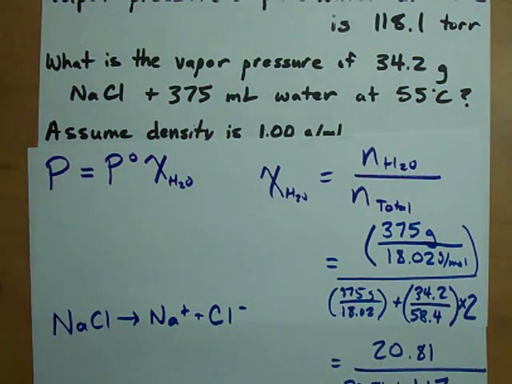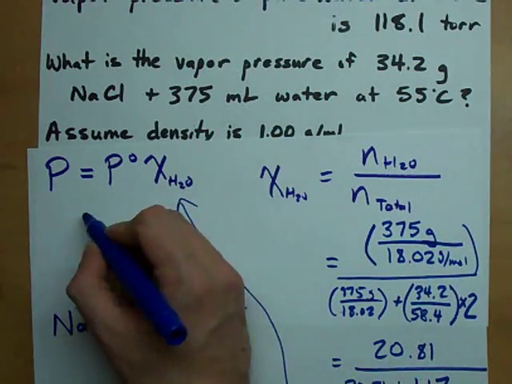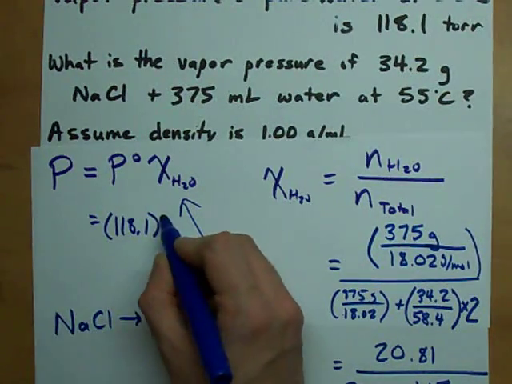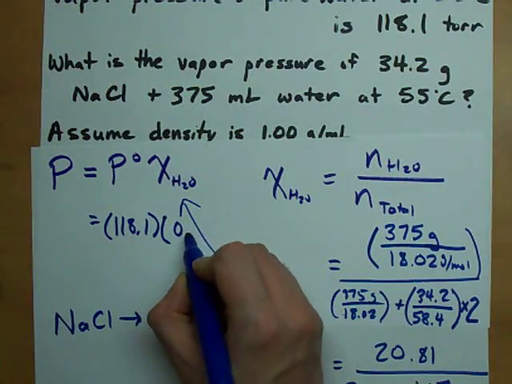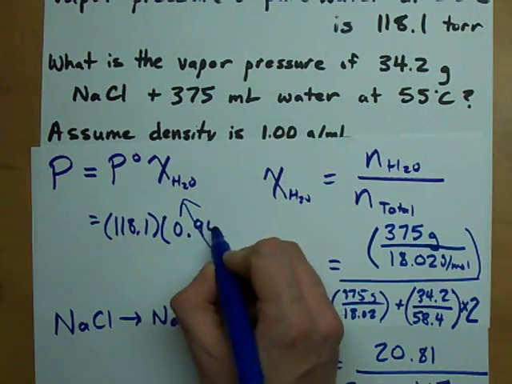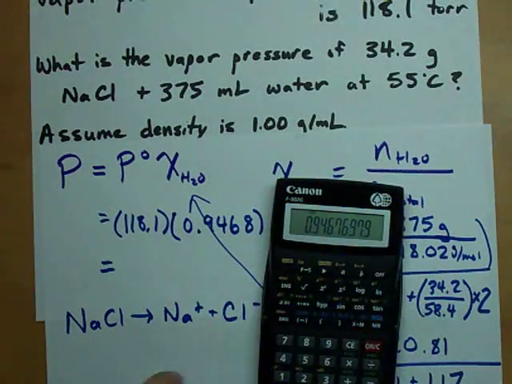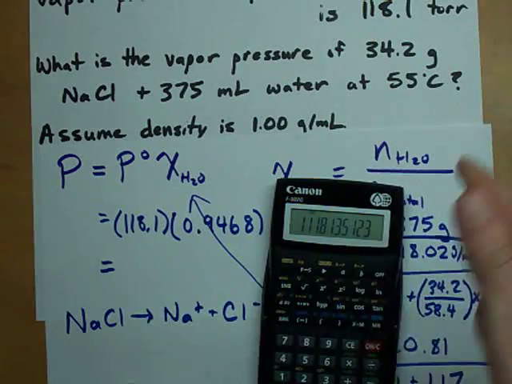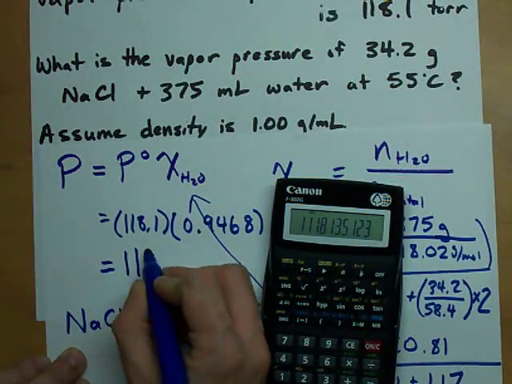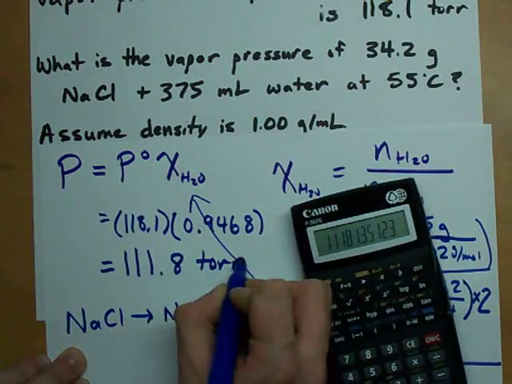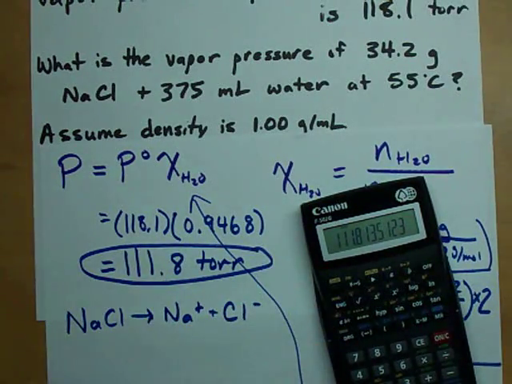That number for the mole fraction goes here. The vapor pressure of the pure stuff was 118.1, at least in torr. Multiply that mole fraction by 118.1, and the vapor pressure of this saltwater solution I get to be 111.8 torr.